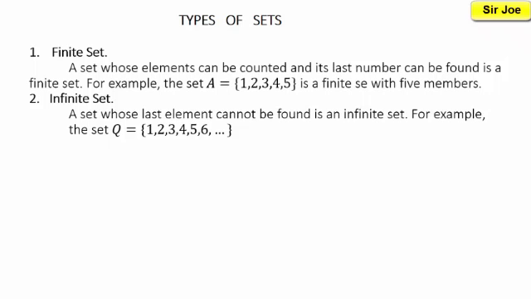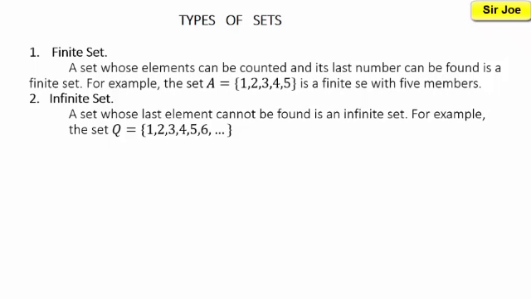It means it's up to infinity. If you are supposed to list 7, 8, 9, 10, we will go up to infinity, never ends. So that makes it an infinite set, since its last element cannot be seen and we can't determine the number of elements set Q is having.